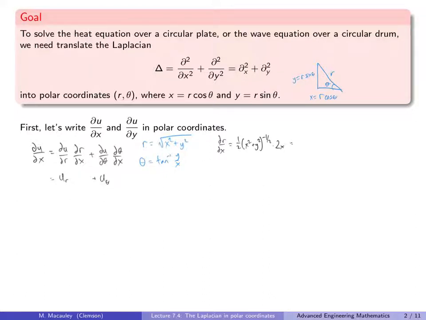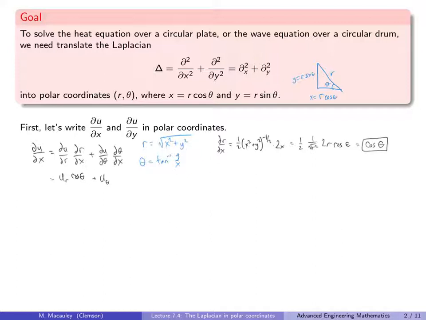So this is equal to 1/2 times 1 over the square root of r squared, times 2r cosine of theta. That's what 2x is. The r's cancel, and we get cosine of theta. Let's put that in right here, so this is cosine of theta.